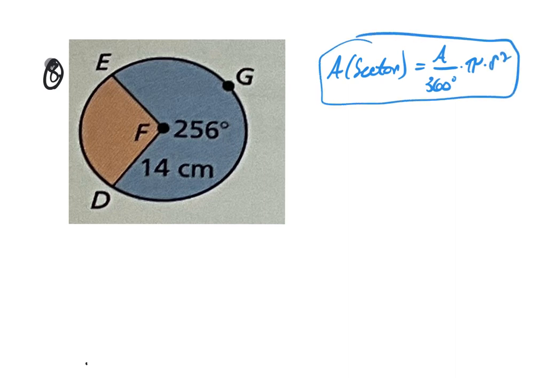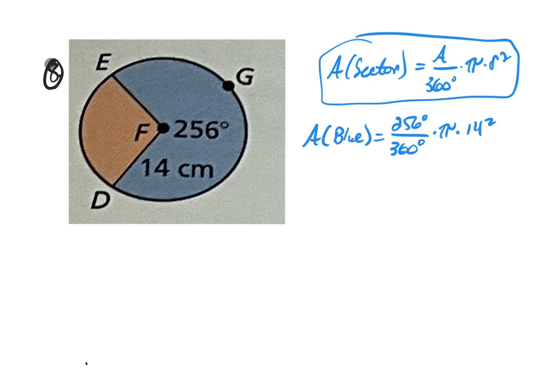All right, so as an example, to find the area of the blue, A for area, what we do is we take the angle at the center, 256, divided by 360, and then multiply by pi, and multiply by the radius. You can see in the problem the radius is 14 squared.